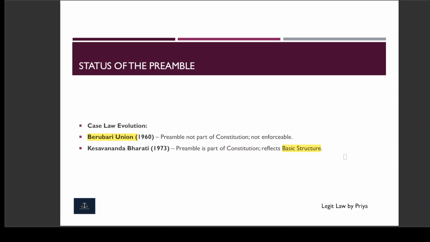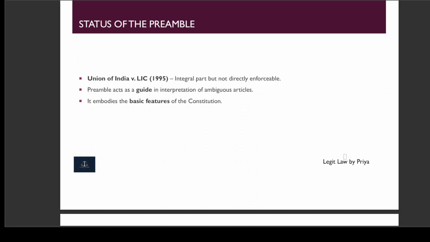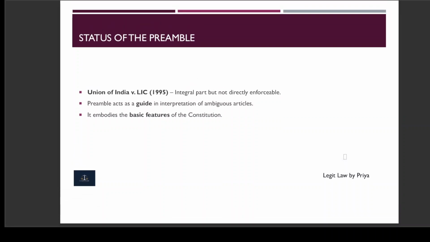So this was reaffirmed in Union of India versus LIC, where court held that while the preamble is part of constitution, it is not directly enforceable. It has not been enforced in real life, because if a particular section is violated, like Article 12, you'll file a writ.